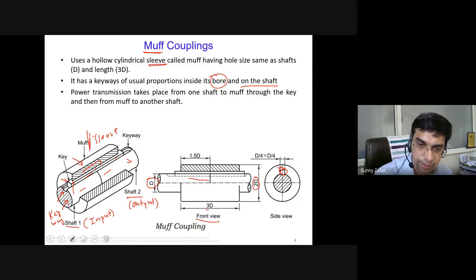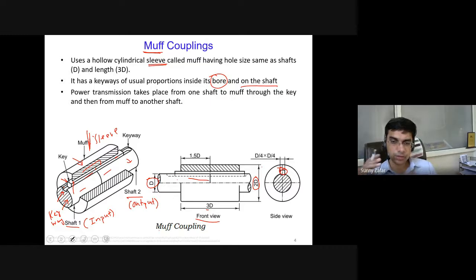And here it is shown with the muff attached on top of it. Generally, the keyway, the key length and this muff exactly coincide, and it will come exactly in the center. So the muff is coupling the shafts through this key.